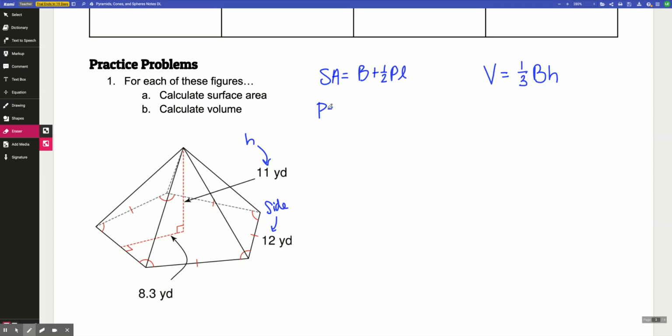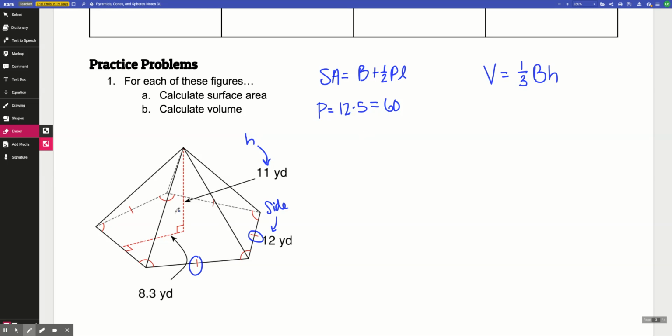So let's go ahead and do that. So the perimeter here would be 12 times 5, because this is a pentagonal pyramid. Okay, and as you can see with the little congruence markers, all of those sides are the same length. Okay, so the perimeter here is 60.